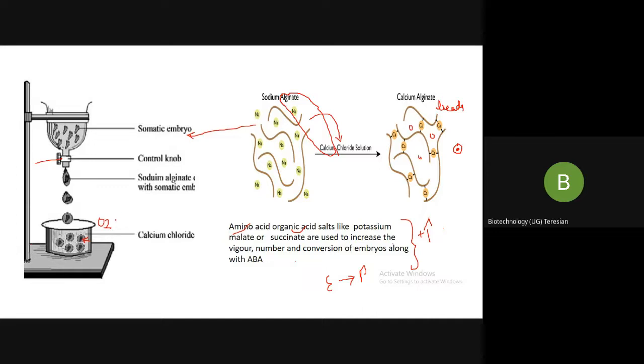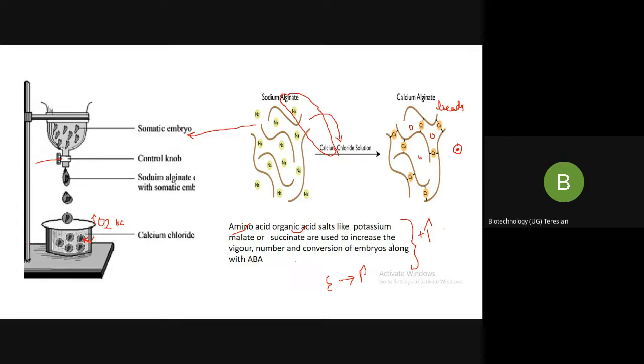When I add hydrocarbons, it increases the oxygen transfer capacity, because these have a higher solubility of oxygen in comparison to water. They will solubilize the oxygen better than water.